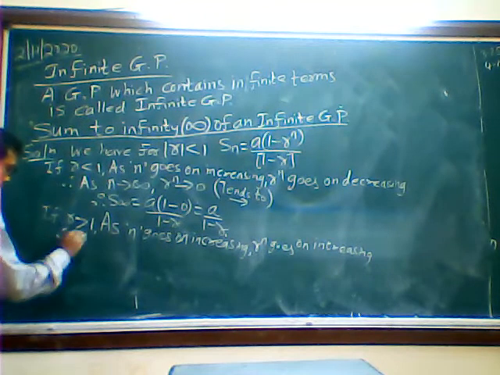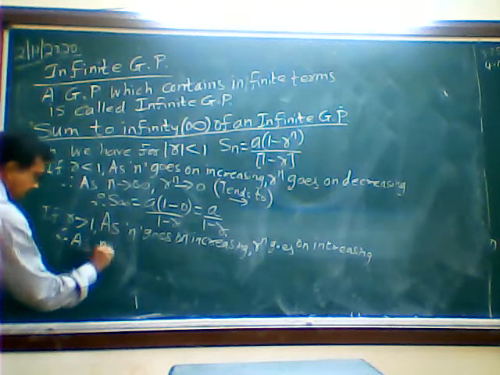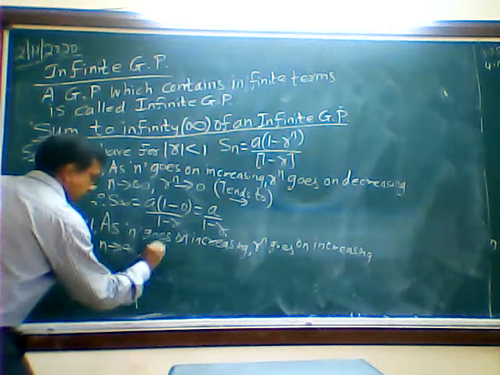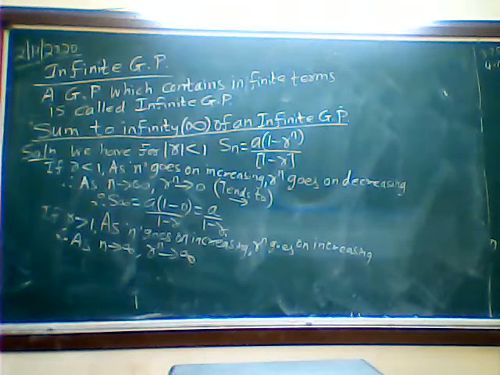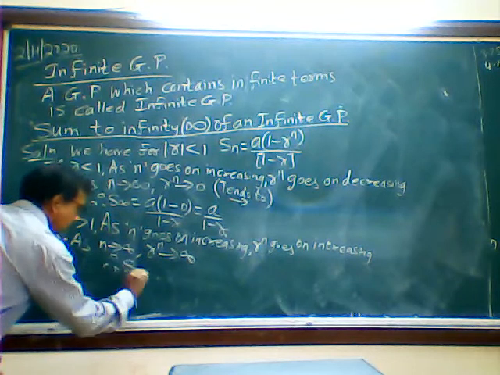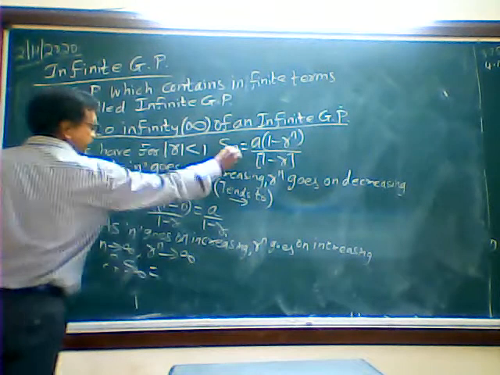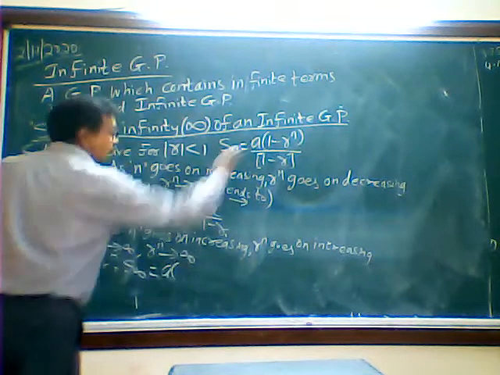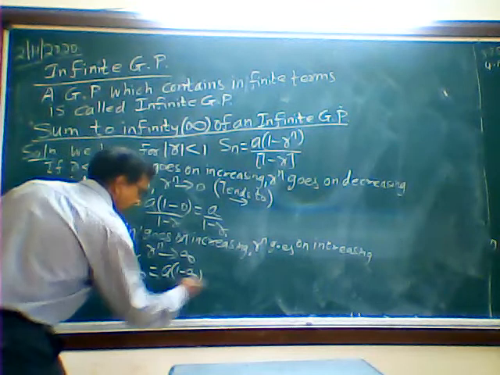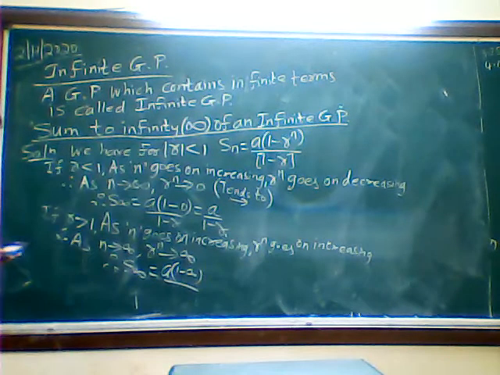Therefore, as n tends to infinity, r raised to n tends to infinity, because that is also increasing, na? As n tends to infinity, r raised to n tends to infinity. Therefore Sn, that is S infinity, becomes A into 1 minus r raised to n, which is nothing but 1 minus infinity, divided by 1 minus r.